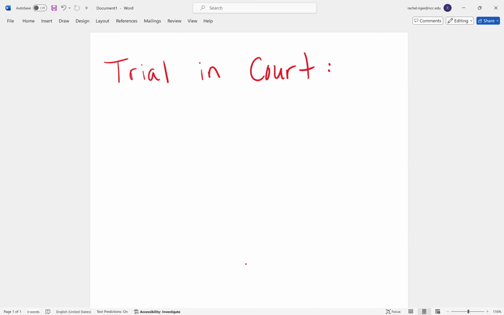So all these different shows where they show a trial and somebody's standing trial for committing a particular crime, and then you have the jury. So I don't expect you to know all the specifics of a trial in court, but let's just look at the overall picture. This is what I want you to understand, because then I think it's going to be really easy to relate this to a statistical hypothesis test.